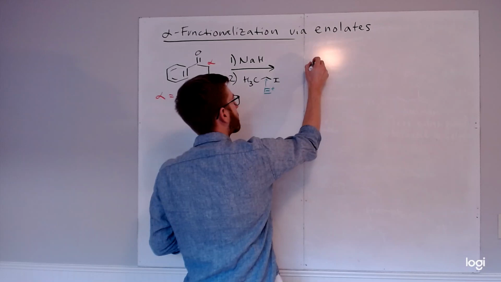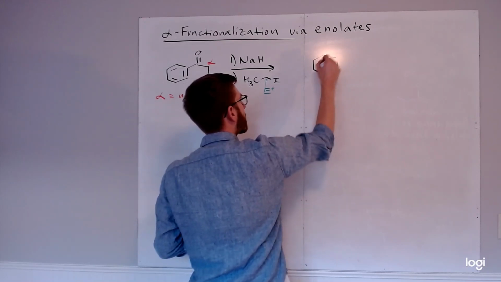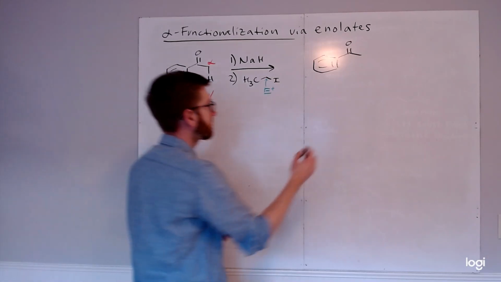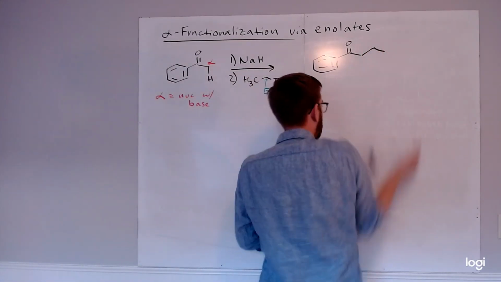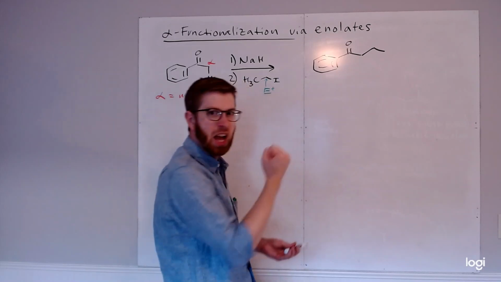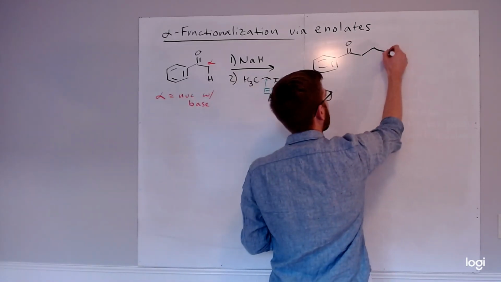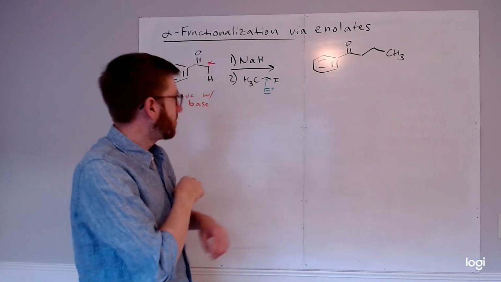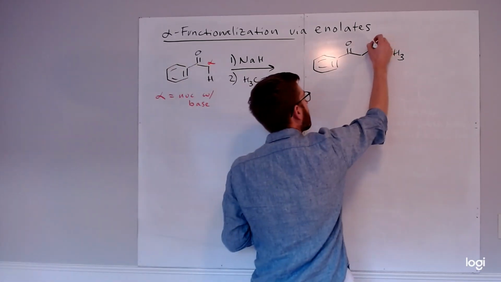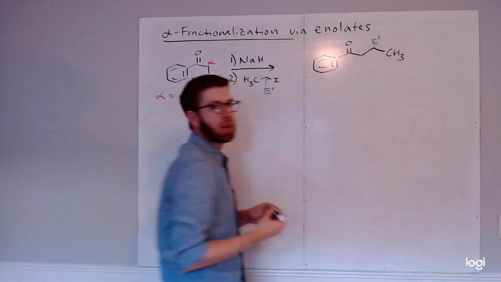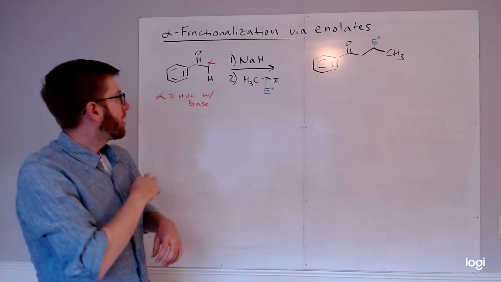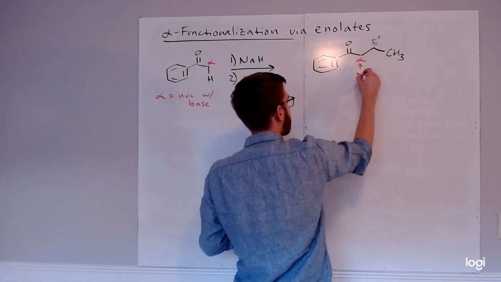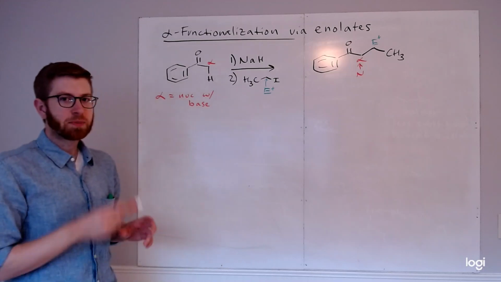So the product after both steps would look like this. There's still a ketone. I'll end up with a product that looks like this. So just to be clear, I'm going to actually label this was my electrophilic carbon in the starting material, and this carbon here was my nucleophile because of the presence of the base.